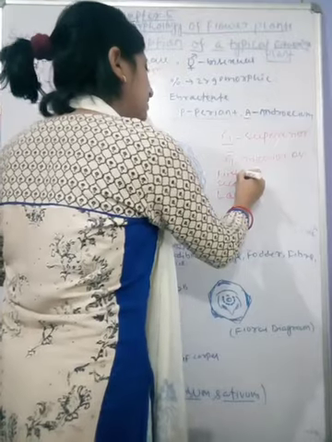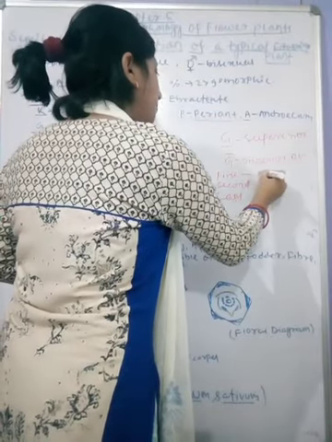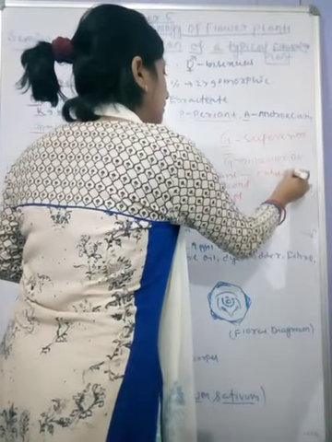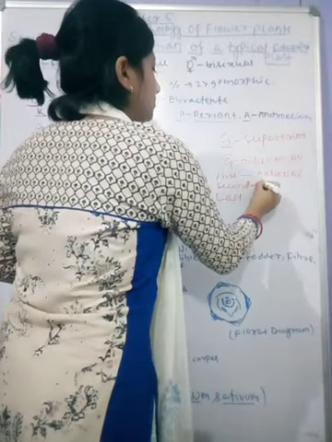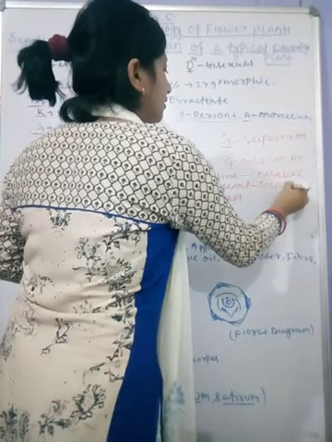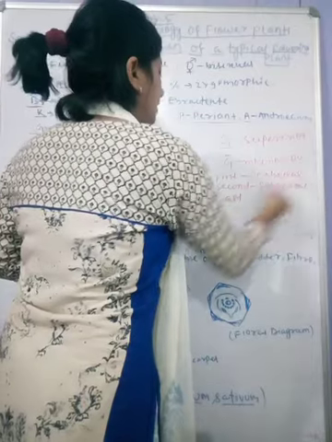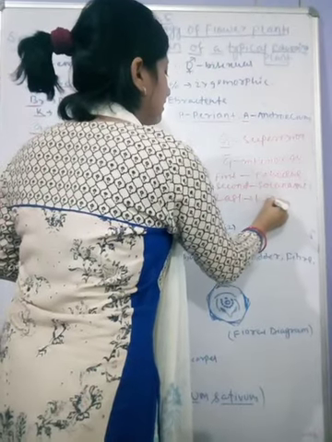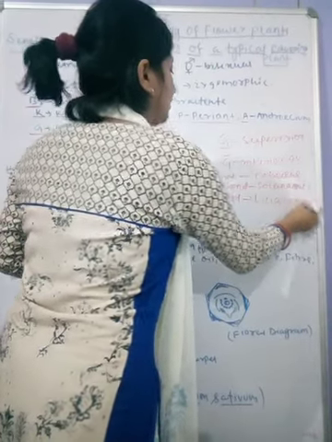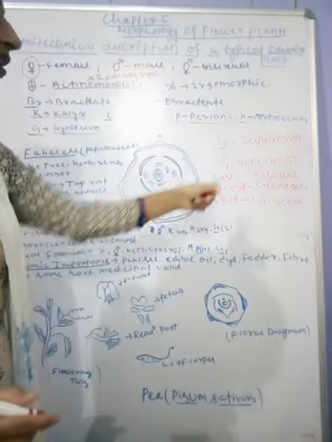You can remember this as F for Fabaceae, S for Solanaceae, and L for Liliaceae. These are the families which we will study.